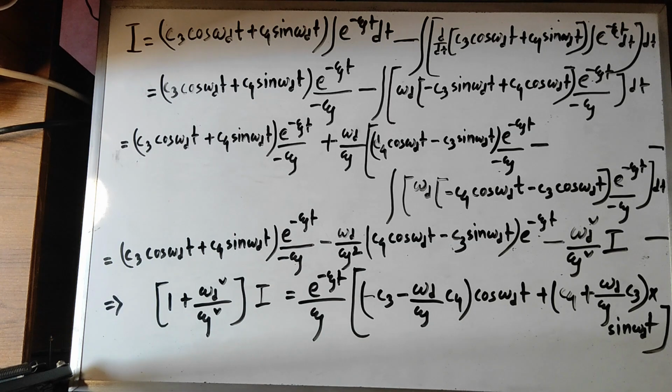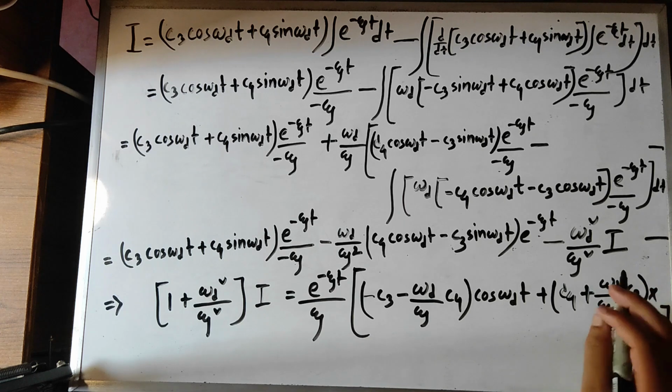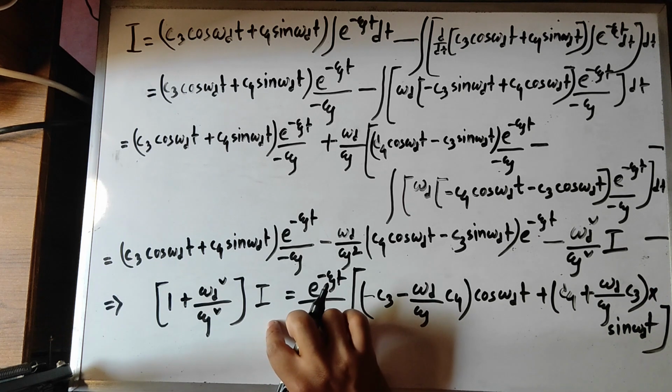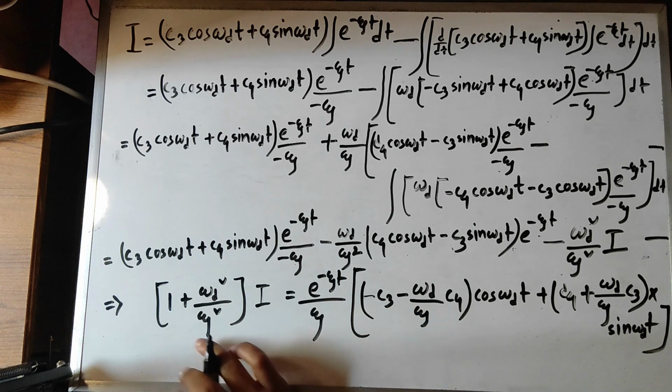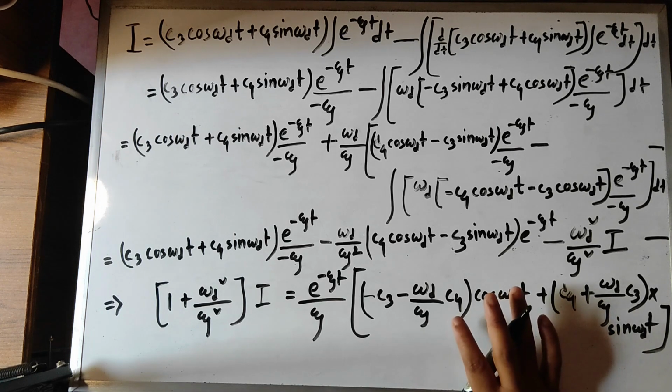After the calculation, basically this is what we have found. So this is the main integral I with this coefficient here, and this is the result. Now we're just going to use this in the voltage and find the C4.